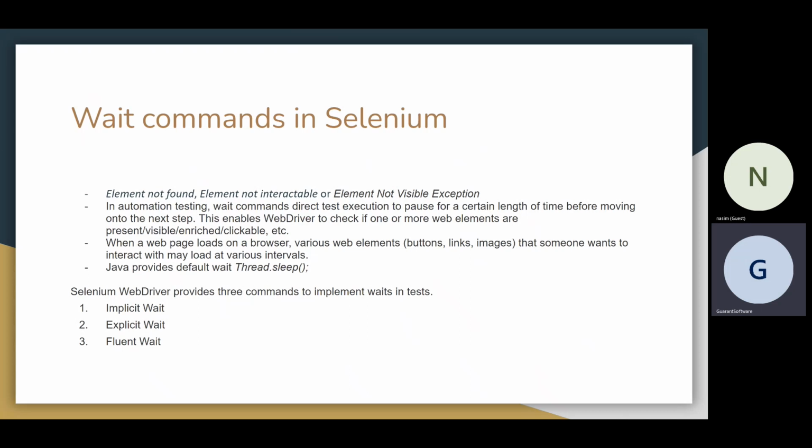Wait commands tell Selenium to pause for a certain length of time before continuing execution of the next command. This enables WebDriver to check if one or more web elements are present, visible, clickable, etc.